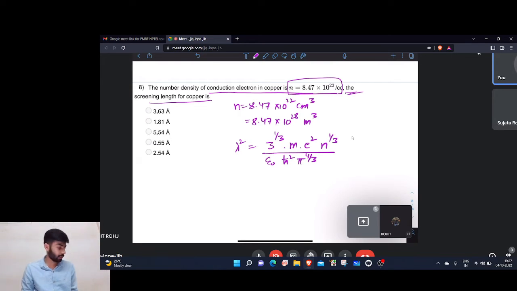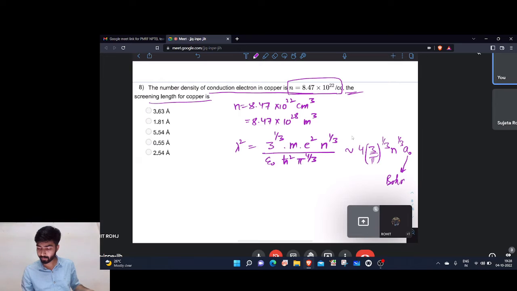Now this expression can be modified to 4 multiplied by 3 by pi raised to the power 1 by 3, multiplied by n raised to the power 1 by 3 into a naught, where a naught is the Bohr radius.